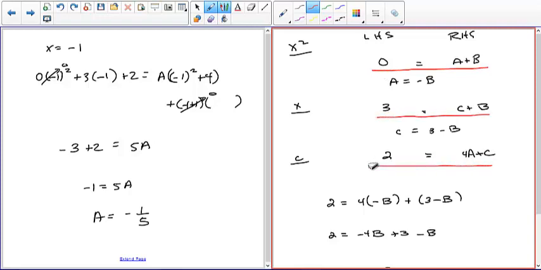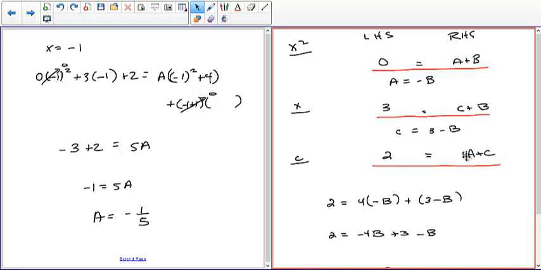So, you know, there are multiple ways of solving simultaneous linear equations. In this case, what I can do is I can solve this equation for a. So if I move this to the other side, it becomes negative b. So you get a equals negative b here. I can move b over here, so that becomes negative b. So you get c is equal to 3 minus b. And then you substitute those into the third equation.